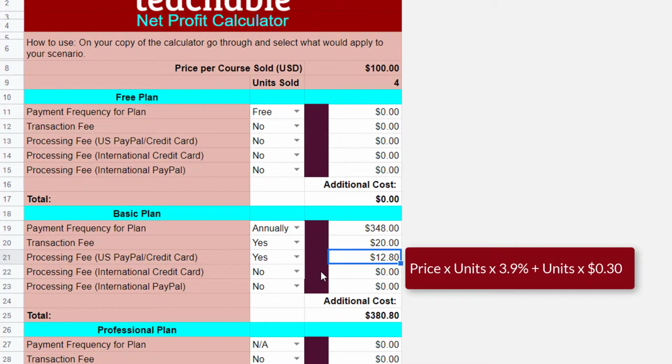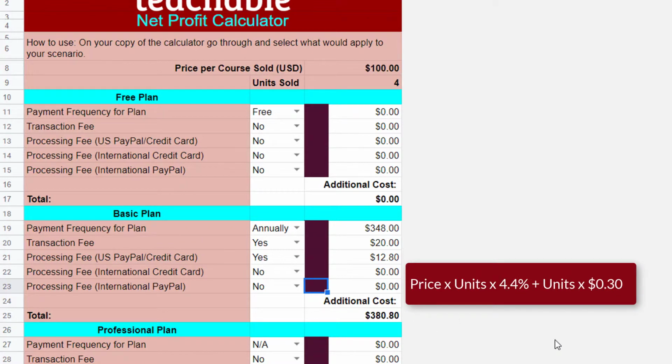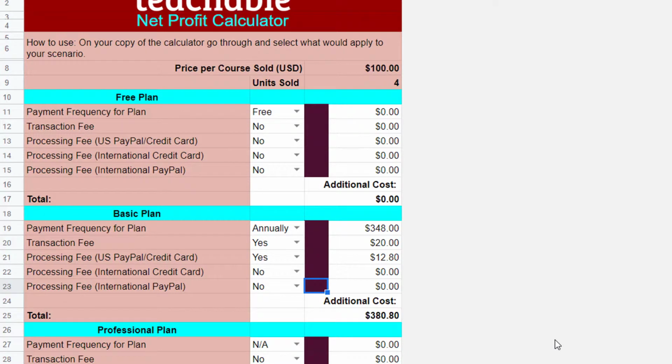And for the last two, you can see the processing fee goes up to 3.9% for international credit card payments and 4.4% with international PayPal. So all three have the extra 30 cents per unit.